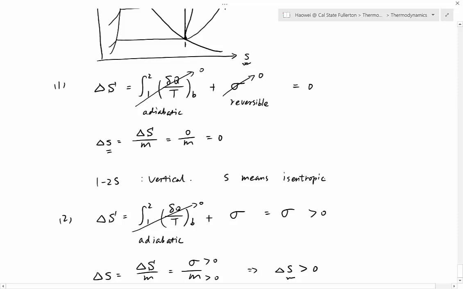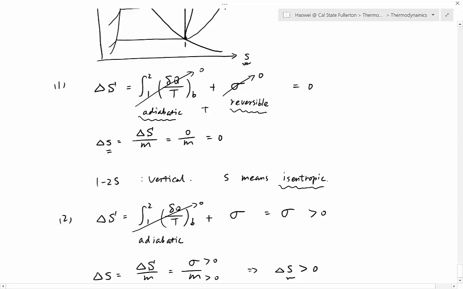Do you remember what is the requirement for you to call a process isentropic? First one adiabatic, second one reversible. Do we have those two satisfied for case number 1? Yes. Here, adiabatic, and here, reversible. Them together, that gives you isentropic.